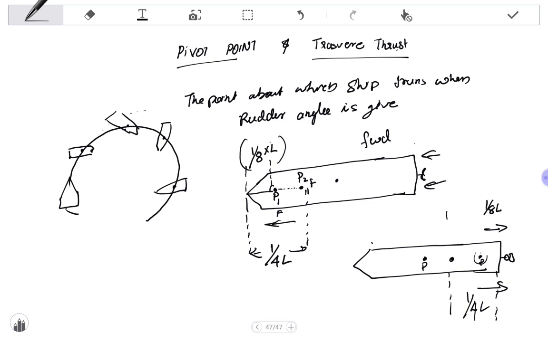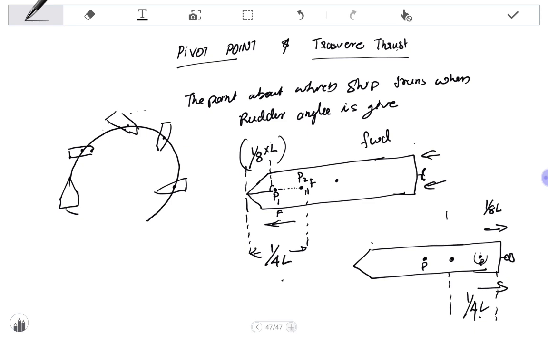So when the ship is having constant headway or constant sternway, the pivot point will be at 1/4, and just when starting to move, 1/8. This is the pivot point. Okay, now we will talk about what is transverse thrust.